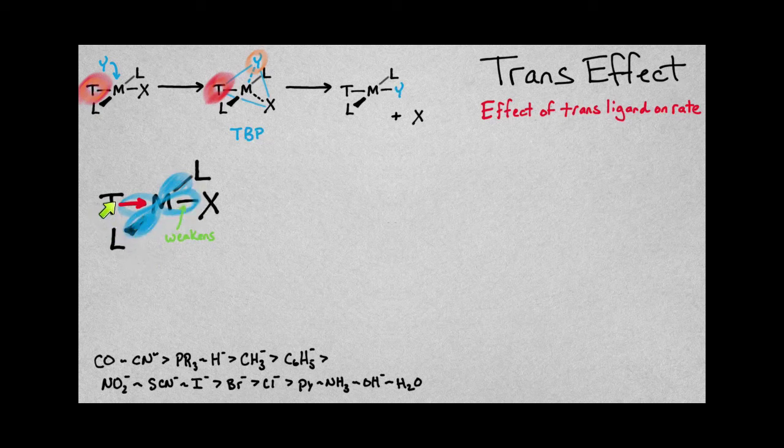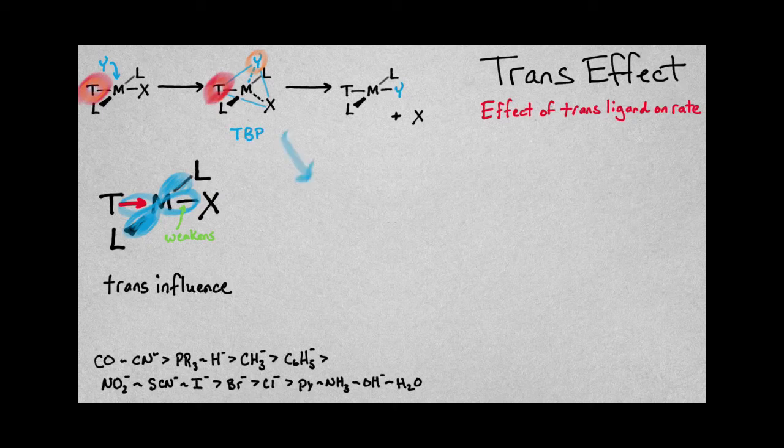The fact that if our trans ligand is a good sigma donor, it weakens this bond, makes it easier for us to then break that bond going from our reactant to the product. This sigma donor effect is called the trans influence.